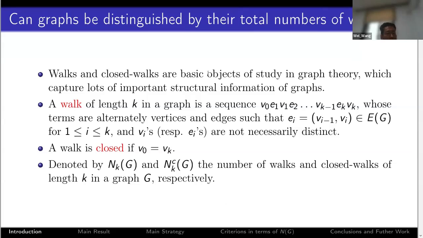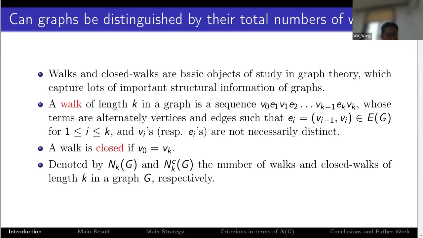By a walk of length k in a graph, we mean a sequence of vertices and edges appearing alternately, such that for every i, the edge e_i has two endpoints v_{i-1} and v_i. The walk is closed if the starting point coincides with the ending point.